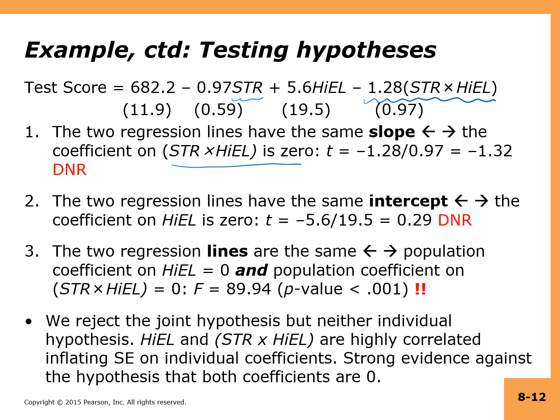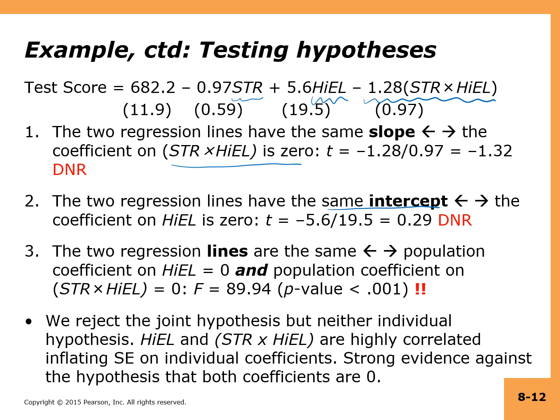The second hypothesis that we want to test is that they have the same intercept. Meaning that the test score is actually the same for the high percentage English learner district and the low percentage English learner district. And the way to test this is testing if the high EL coefficient is equal to 0.